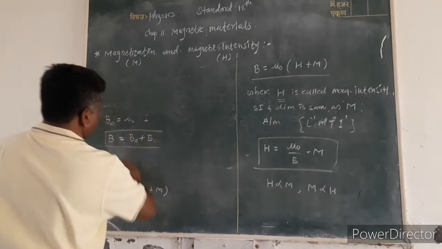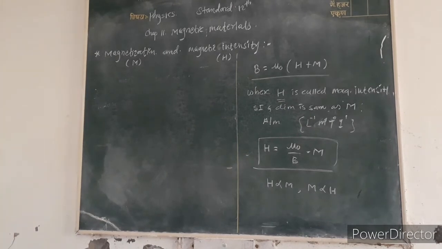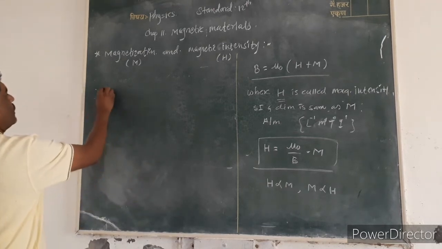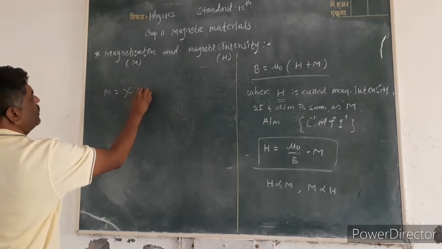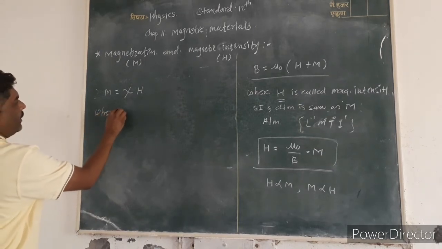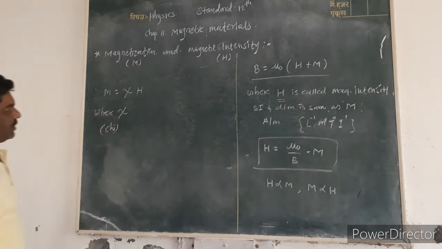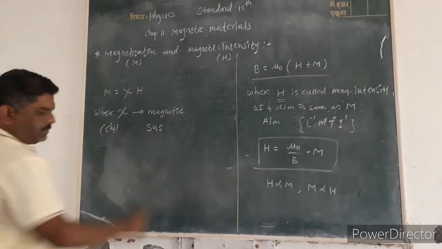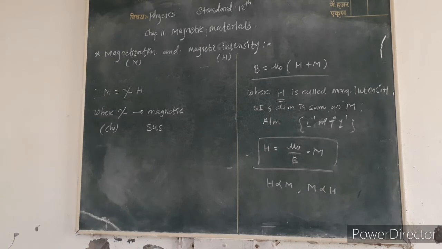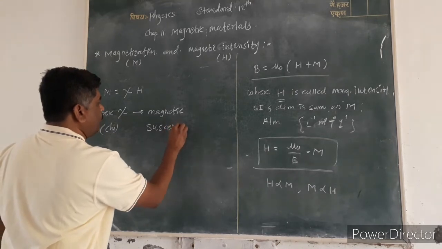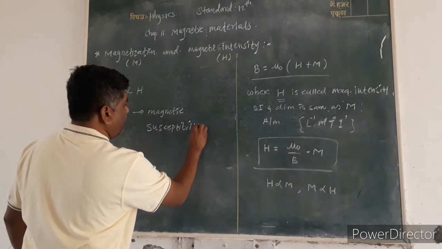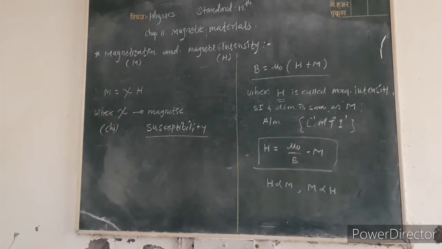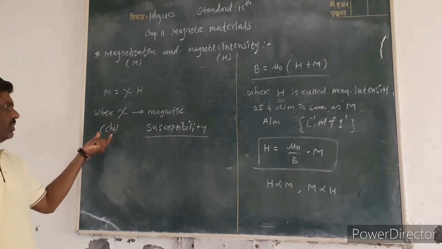Therefore, M is equal to a constant psi into H, where this symbol psi is called magnetic susceptibility.